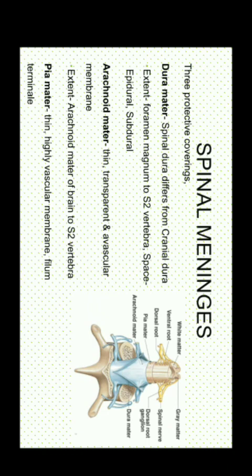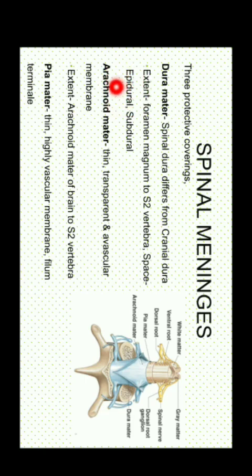The meningeal layer is firmly adhered to the bone, but here in the spinal dura, there is a space between the dura mater and the surrounding bone, so that space between them is called as epidural space.